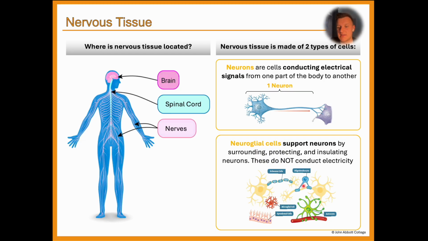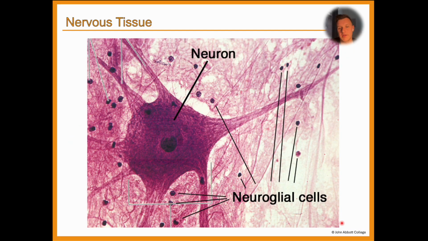They send electricity, which is important to send signals. But the other cells, Schwann cells, oligodendrocytes, microglia, ependymal, astrocytes, these are all called neuroglia, and they help support the neurons in different ways so they could do their job. The big job is the neuron that sends electricity. It sends the signals, but the other cells help support it.